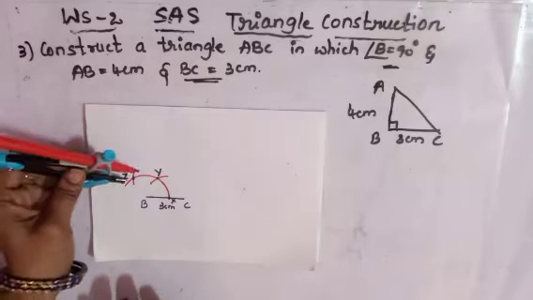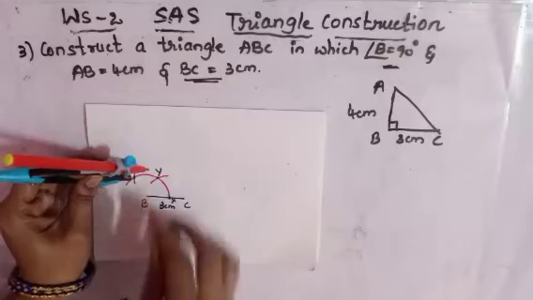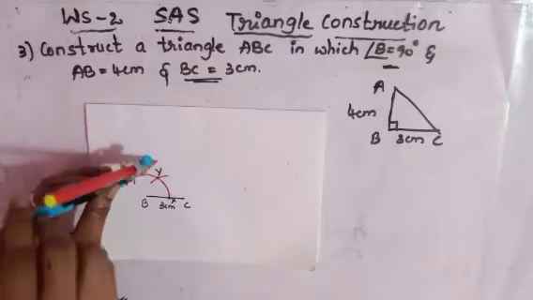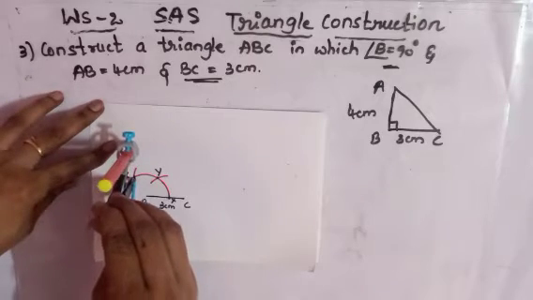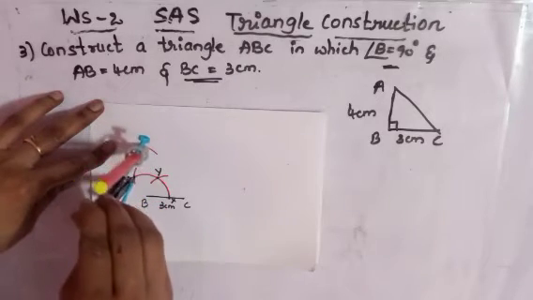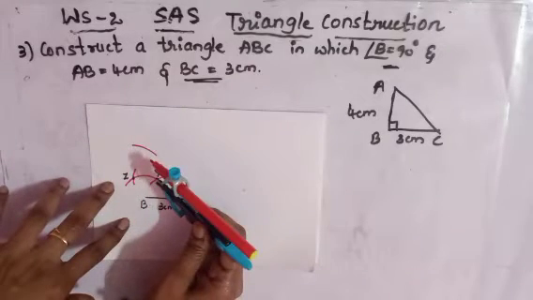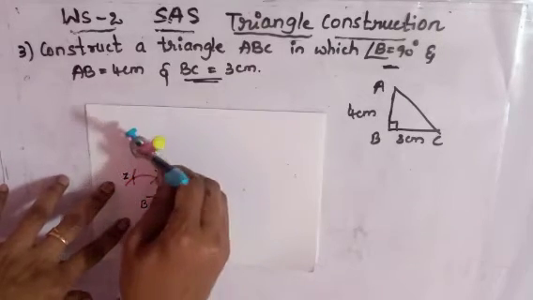Place the compass at point Z and draw an arc, extending the compass a little. Any convenient radius you can take. Place the compass at Y and draw one more arc.